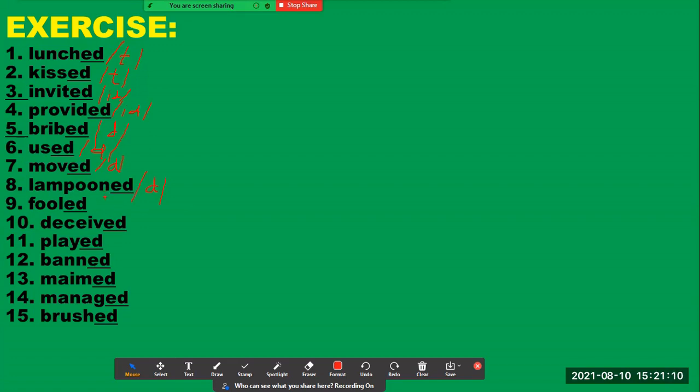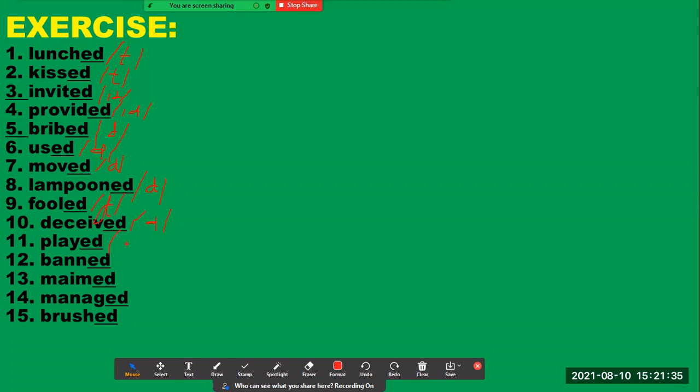Then number 9 is fooled. Again, it is D, fooled, because L is a voiced consonant. Then number 10 is deceived. Again, the sound is D, deceived, because V is a voiced sound. 11 is played.